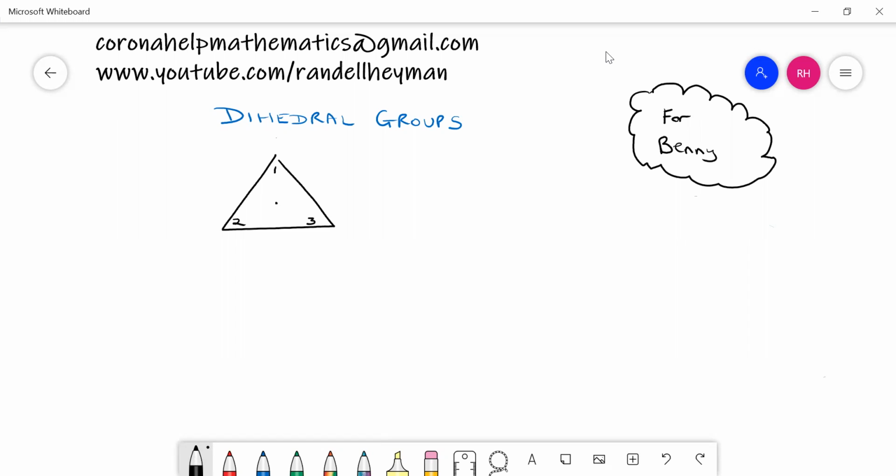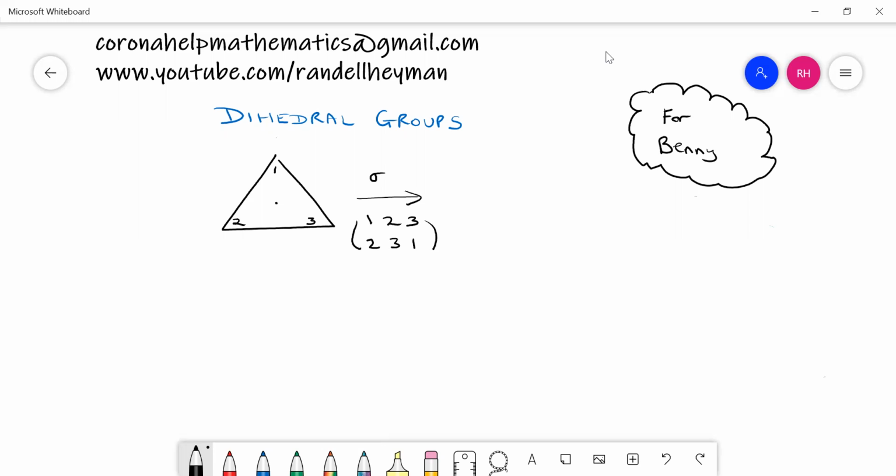I'll use two-line notation to indicate what's going on. I'm going to call this sigma, and sigma is a rotation of 120 degrees. So 1 will become 2, 2 will become 3, and 3 will become 1.